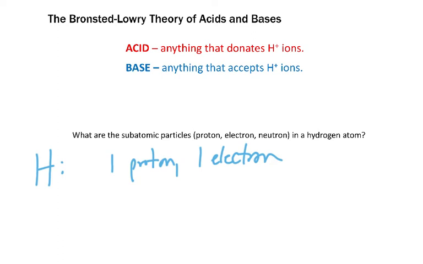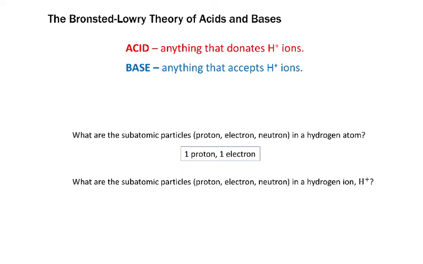So with that, what would be the subatomic particles in a hydrogen ion, H plus? Well, all that's happened here is that it's lost an electron. So H plus is simply a proton.